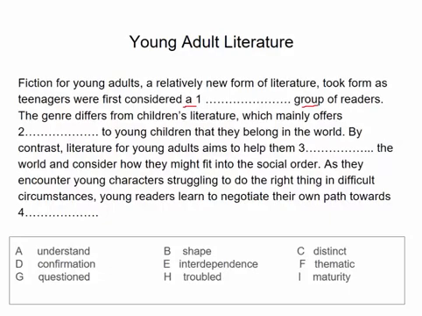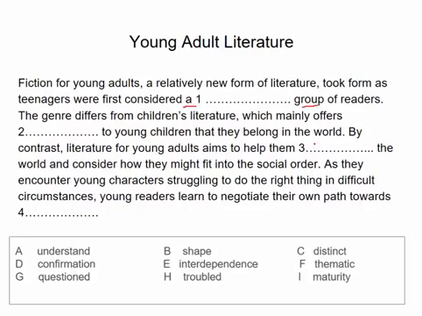How about for number 3? By contrast, literature for young adults aims to help them blank the world. Okay, well, there could be a couple of possibilities there, but what makes most sense is that this literature is going to help young adults do something. So that doing indicates that it's probably a verb that we're looking for in this slot.